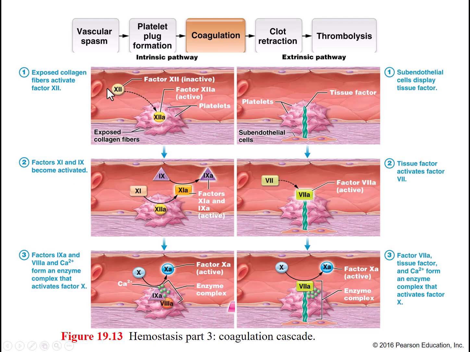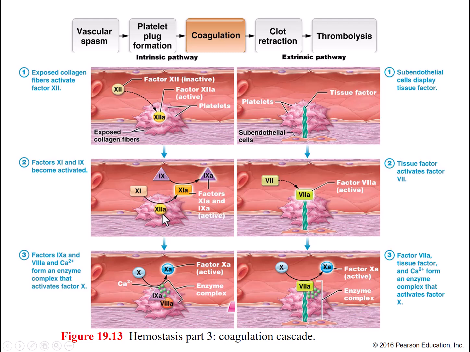So here's the intrinsic, starts with factor 12. Extrinsic starts with tissue factor, converts into an active form. So this is inactive, and then when you see the little a, it's activated.